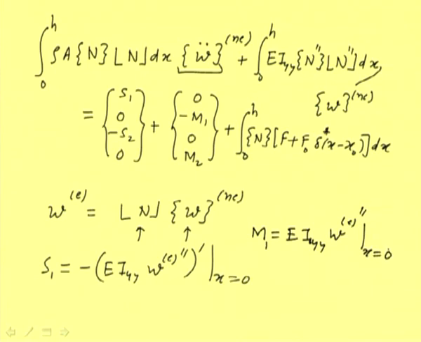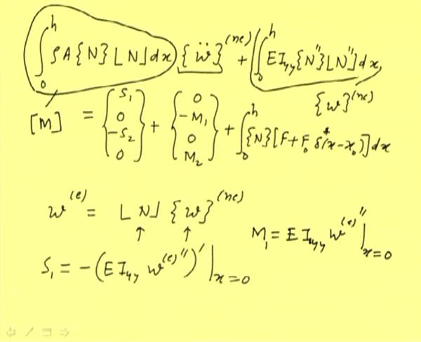So now you can see that this particular expression we will call the M matrix, which is the mass matrix. This term we will call the K matrix, the stiffness matrix, and let us write those expressions separately.